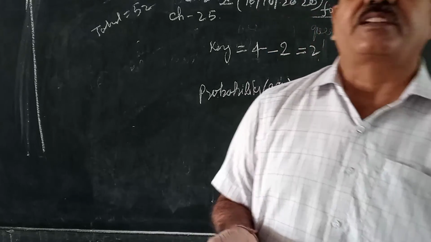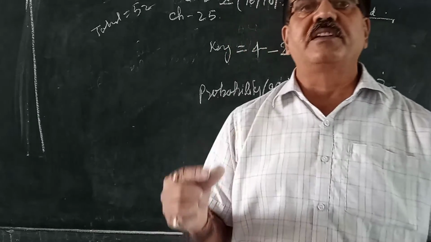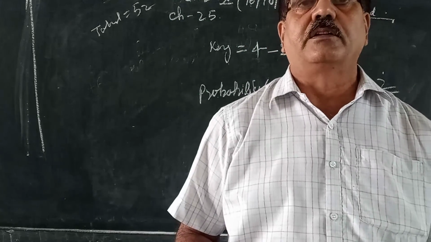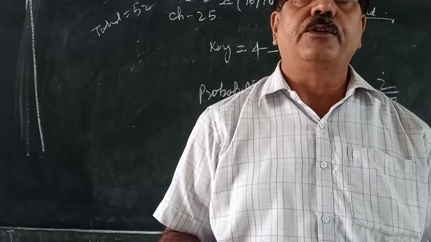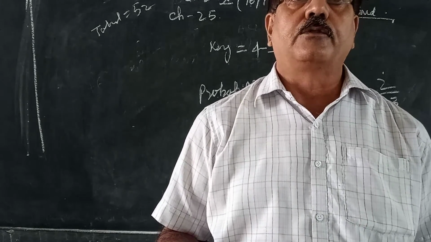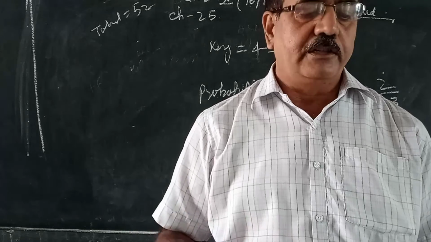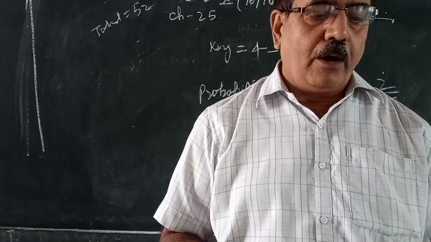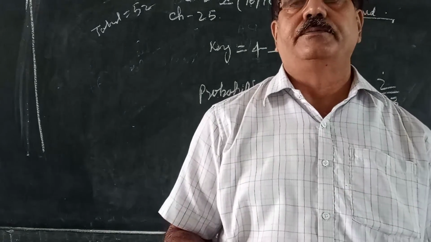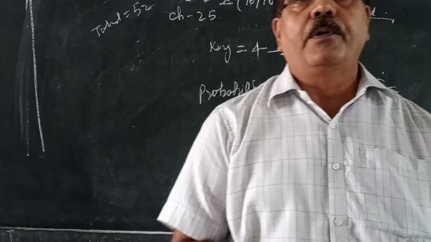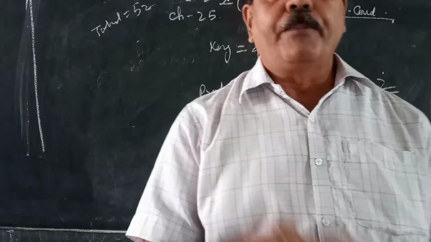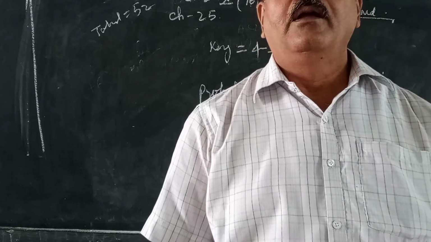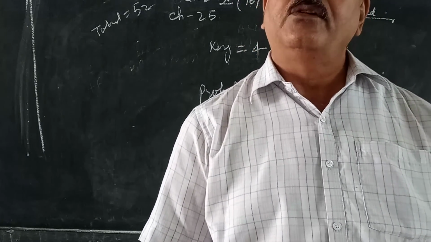Next question, a face card. How many face cards are there in 52 cards? 12. So what is the probability of getting a face card? 12 by 52. Next, 5 of heart or diamond. Number 5 of heart is 1, and in diamond also 1.